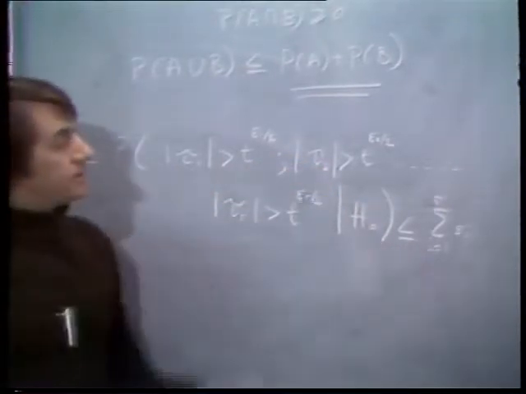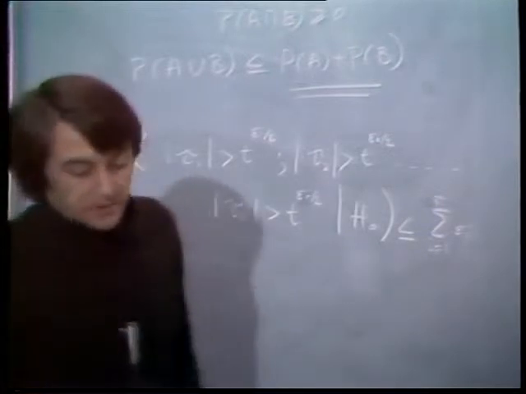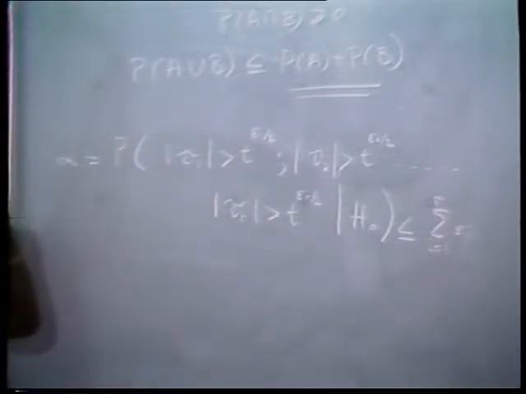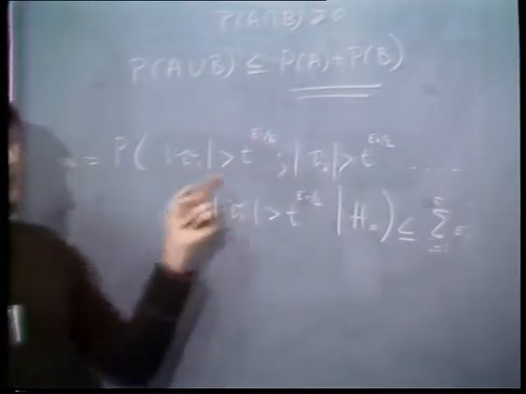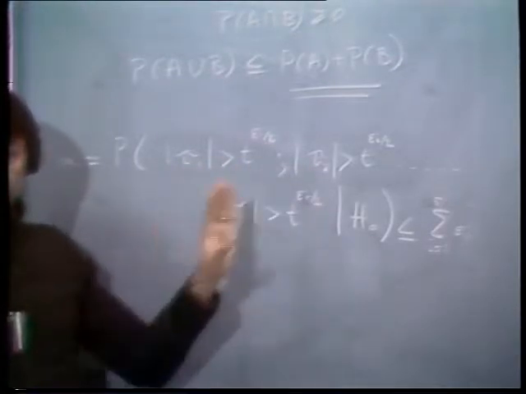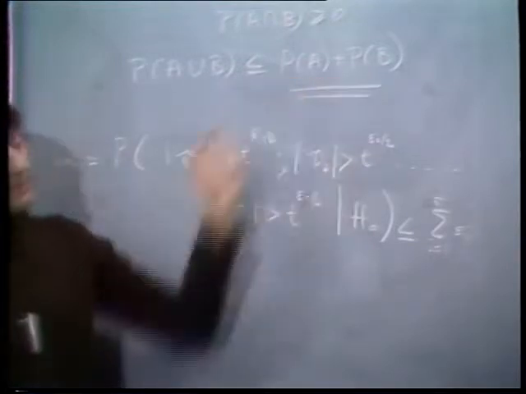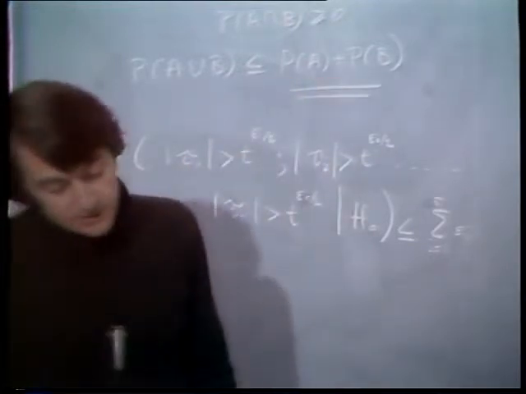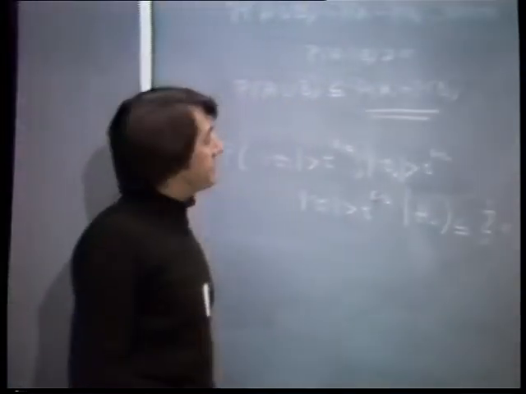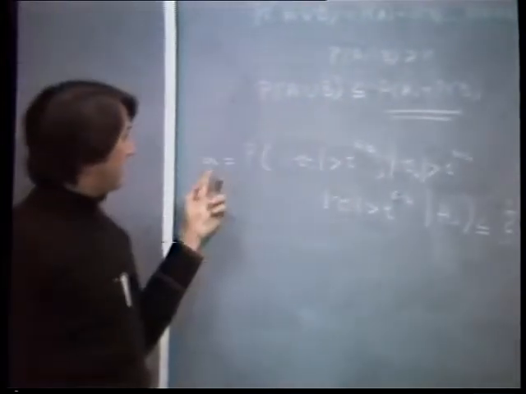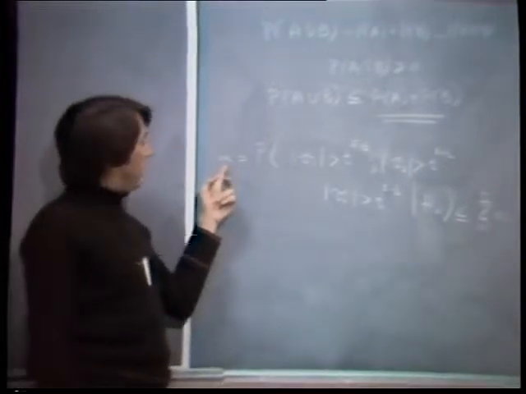And so we can now use this result, which is ignoring the probabilities of type 1 error arising because these test statistics are not independent. We're ignoring that and just taking the disjunction. We can use that result now to put a bound on the probability of type 1 error for the test as a whole. In other words, we can put a bound on alpha.